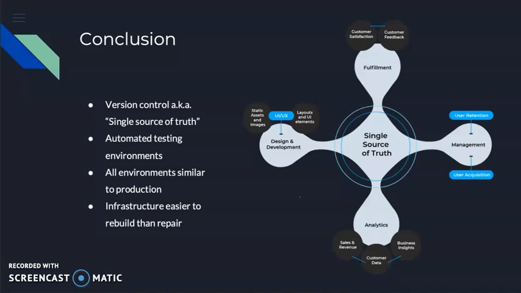A single source of truth allows us to rebuild or recreate a production environment quickly. It also helps make rebuilding infrastructure easier than repairing it, which saves time, makes resolving problems easier, and makes it easier to expand capacity when needed. Incorporating these practices will increase productivity and the speed of our workflow.